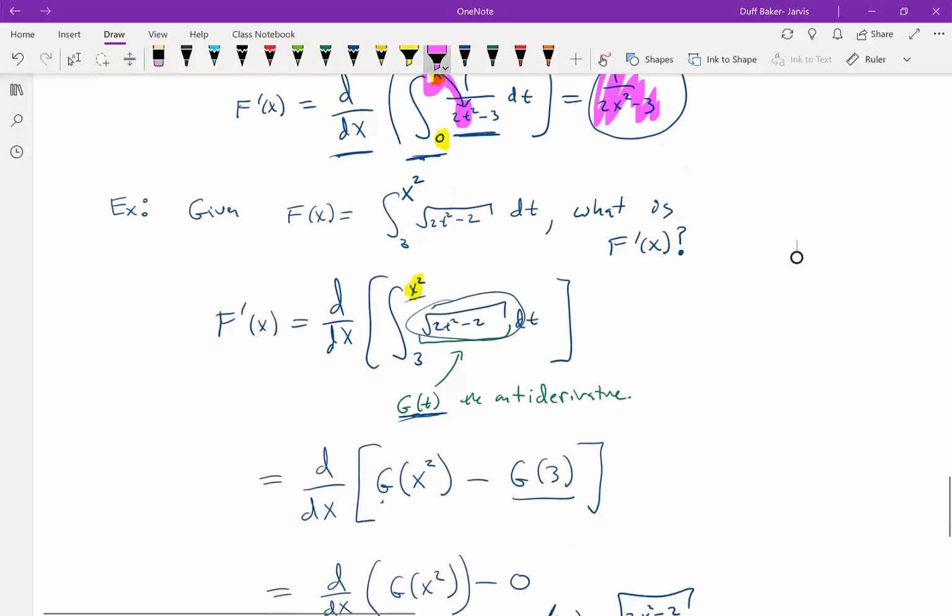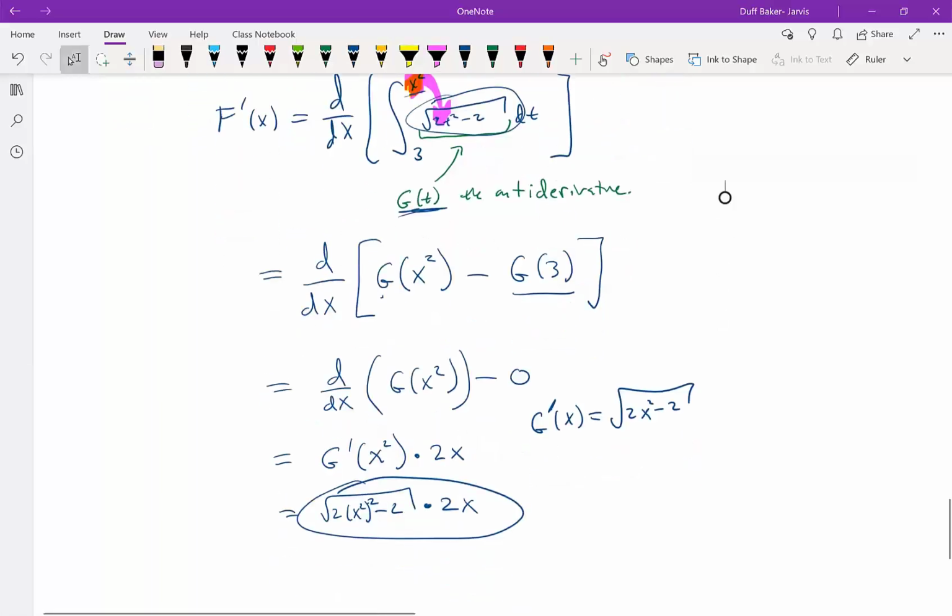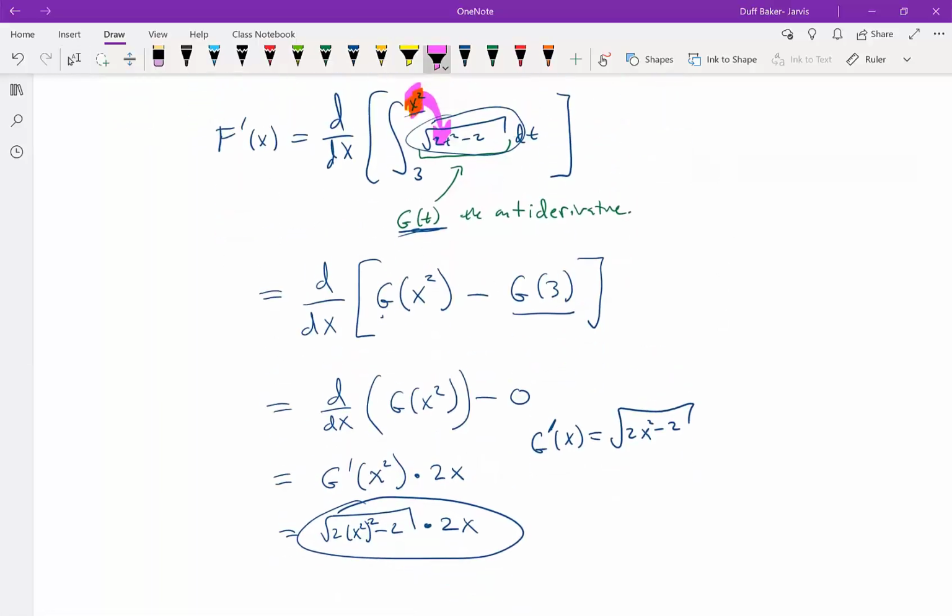When we have an x squared, or something that isn't just x, we also plug it in, but then we have to multiply by the chain rule. So we do plug in x squared, but then we have to multiply by the derivative of that bound because there's a chain rule. So that can be a simpler way to think of it.